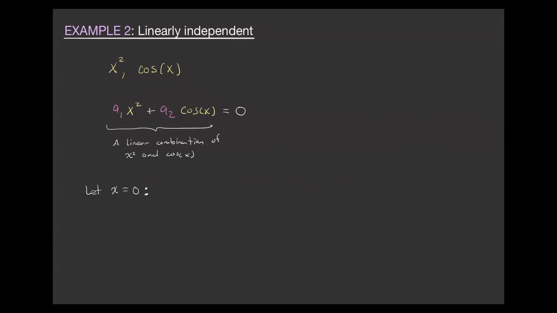If we do that, then we've got A1 times 0 plus A2 times 1. This cosine of 0 is 1. That's equal to 0, and that means that A2 has to be equal to 0.